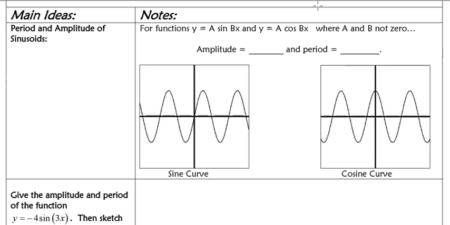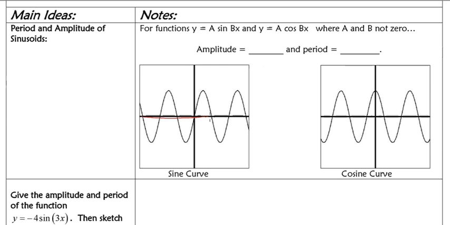So for now, think back to chapter 4, where we learned about functions, and specifically periodic functions. Two characteristics that we learned about were amplitude and period. And remember, amplitude is the distance from the center of the graph to the top or the bottom. You find it by taking the maximum height and subtracting the minimum height, and then dividing by 2.